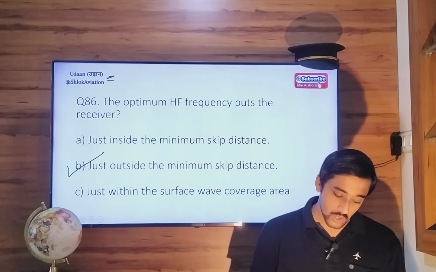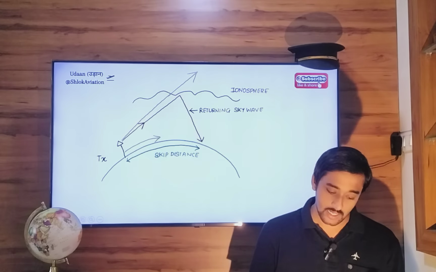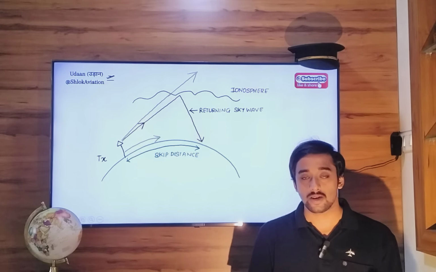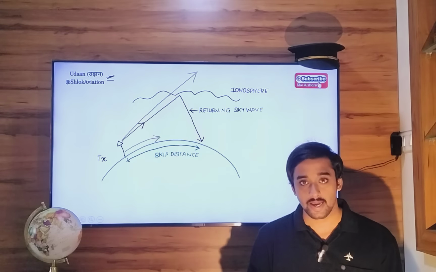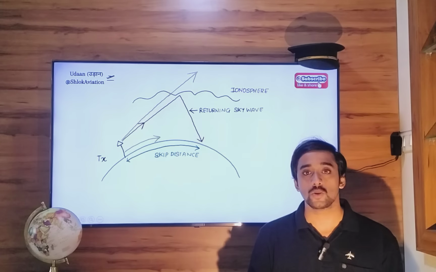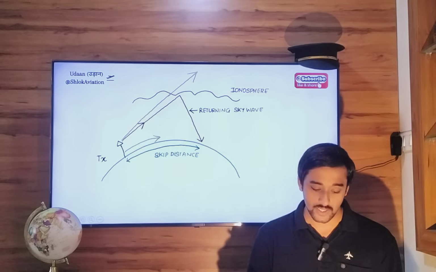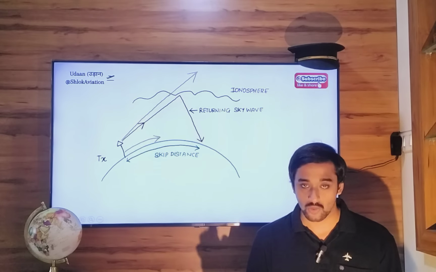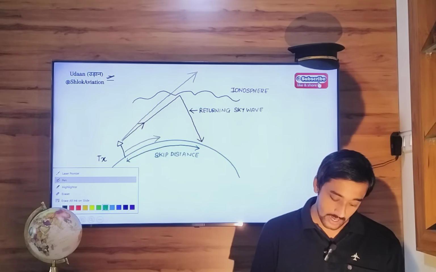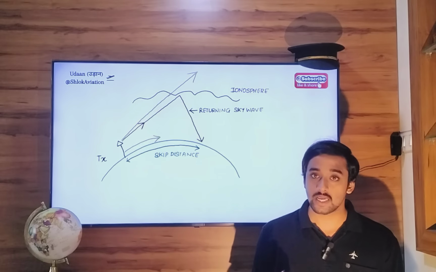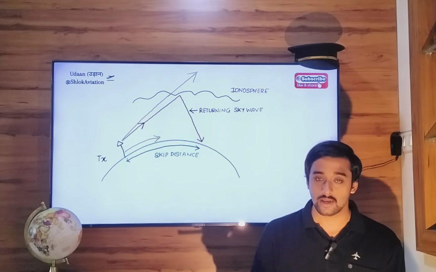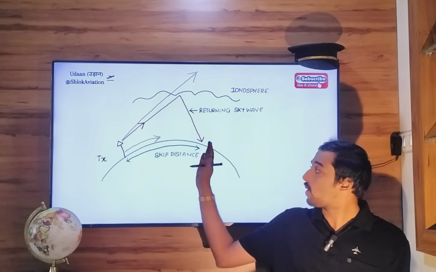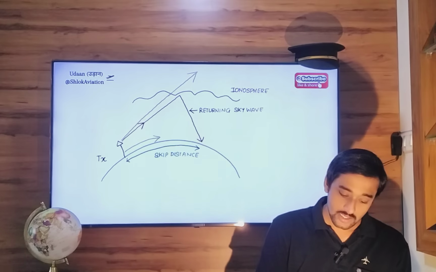Meaning, when you use this optimum high frequency signal, the airborne receiver equipment in your aircraft will be able to process or receive this returning skywave successfully. In order to receive the signal and forthcoming skywave signals, your aircraft must be beyond the skip distance, somewhere here.